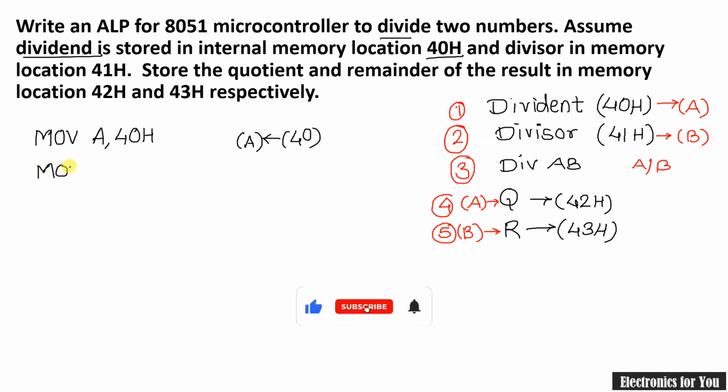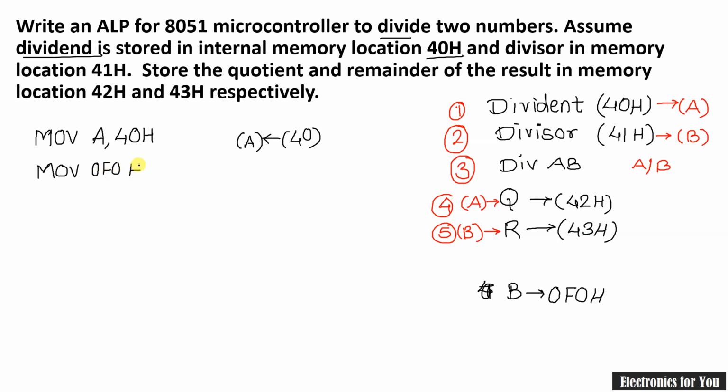Our second instruction will again be MOV. Also note, we are moving the content of 41H into the B register, but we don't have an instruction like MOV B, 41H. We should use the address of register B. The address of register B is F0H, and whenever we use a hexadecimal number starting with a letter, we should write 0 first, and therefore here I will use direct addressing mode, that is 0F0H.